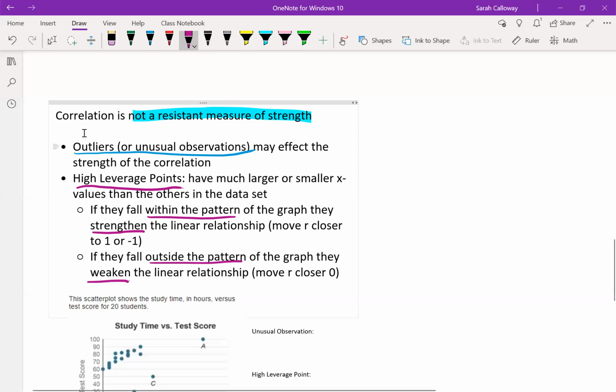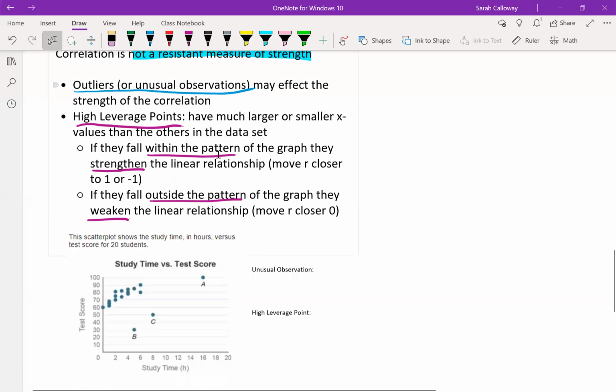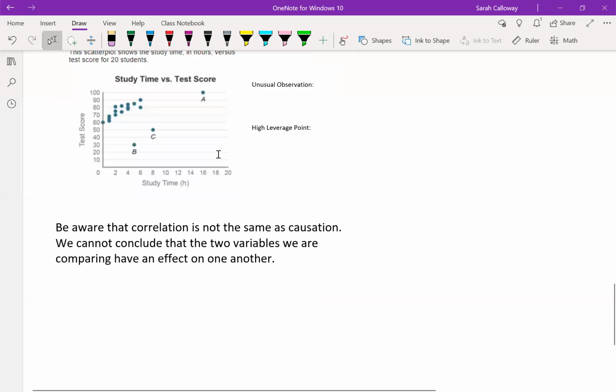So let's look at a visual and talk about what outliers look like versus high leverage points. If I look at the data, it's fitting between these two lines. So I can predict that values will fit between those lines as I increase study time.